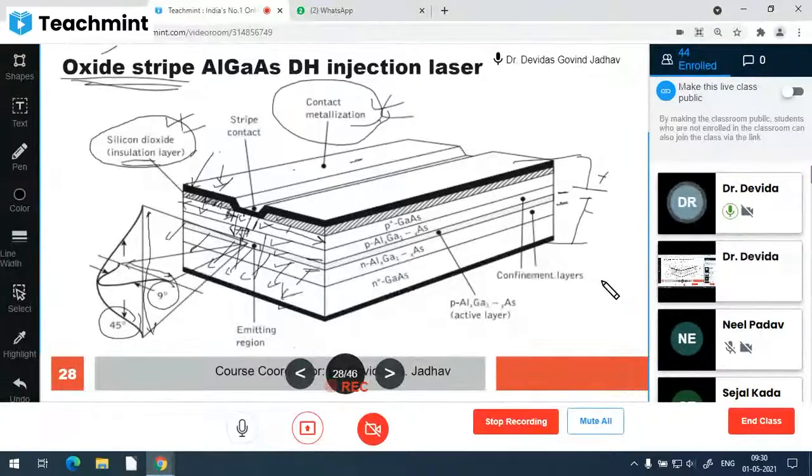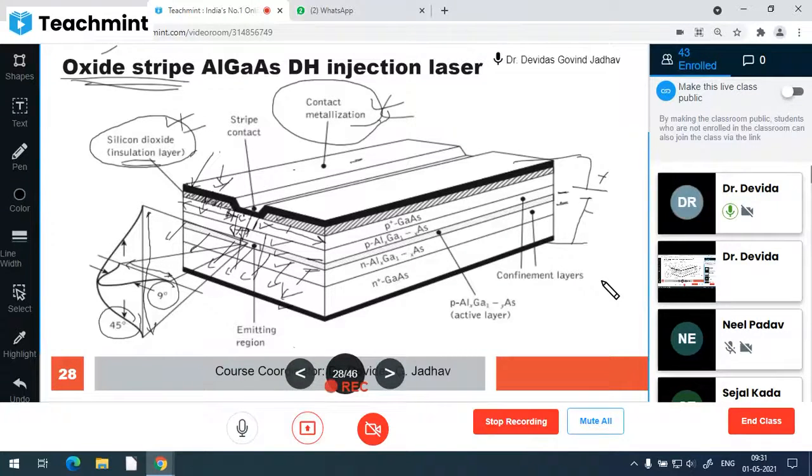Horizontally it spreads slowly, 9 degrees, whereas vertically it spreads 45 degrees. But it is a very controlled beam because the laser diode is kept very close to the fiber, so this spread will not affect the coupling efficiency. So this is the construction of the optical fiber laser with oxide strip geometry.